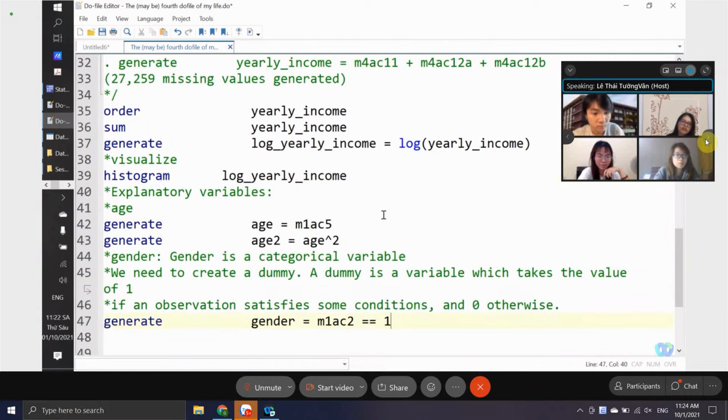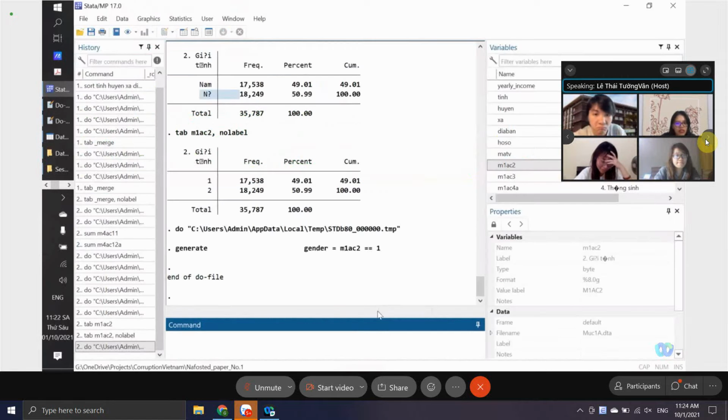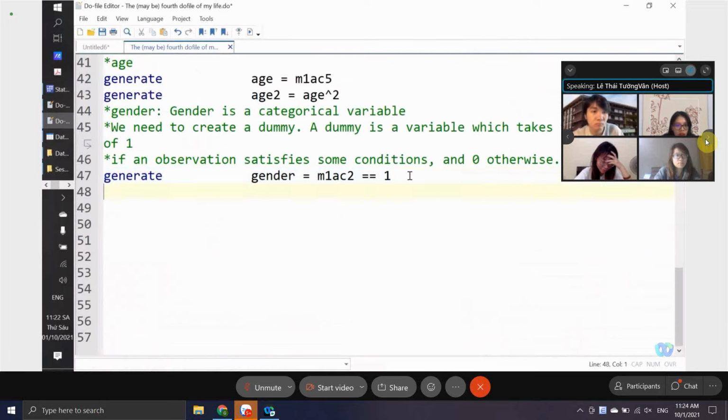Now you need to put gender equal to the question and then equal 1. If you run that command, you have a new variable gender. Tab gender. Now we are going to examine the variable. Let's type order gender.